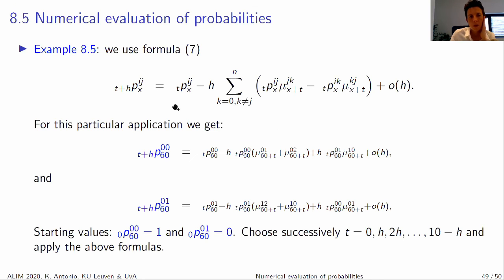What I'm doing here is I already rewrite the differential with respect to t of tpxij, such that I get an expression that I can work with in a numerically simple way, let's say. Yeah? So this is what we derived in formula 7.